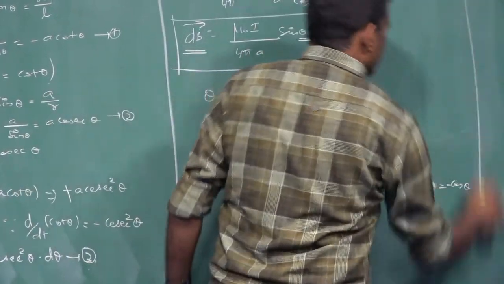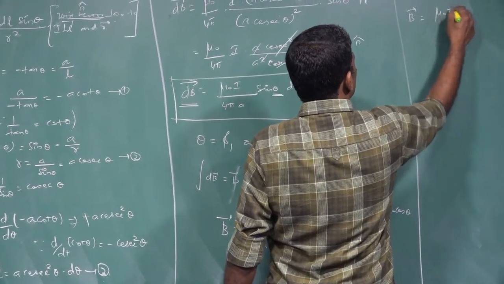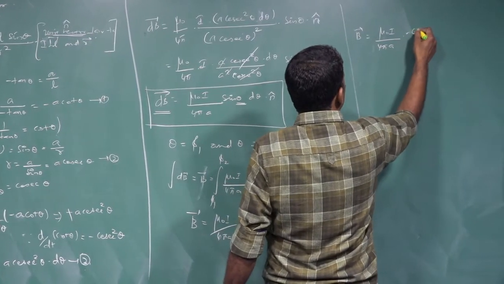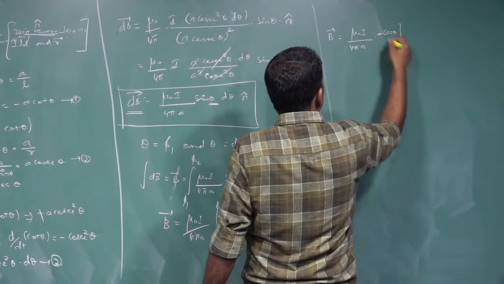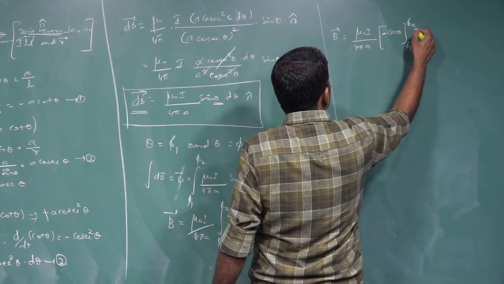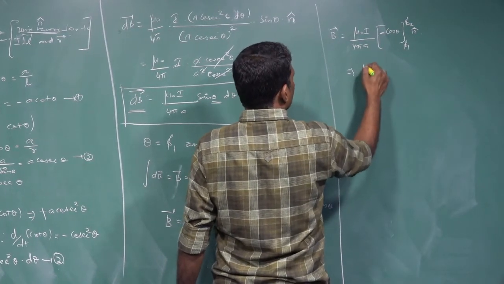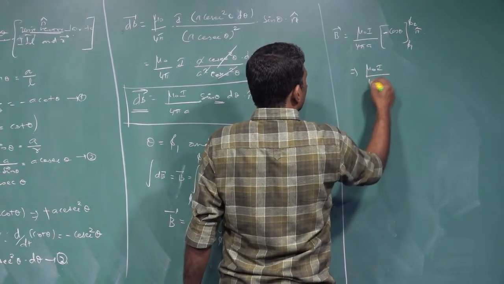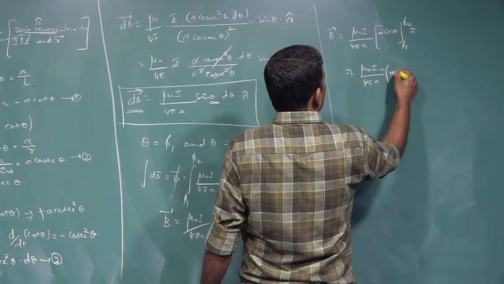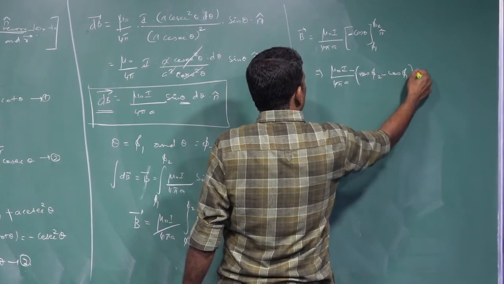So I can write B vector is equal to mu naught I divided by 4 pi a into minus cos theta between the limits phi 1 to phi 2 into n cap. If I apply the limits, upper limit minus lower limit, I will have mu naught I by 4 pi a, minus is taken out, cos of phi 2 minus cos phi 1 into n cap.